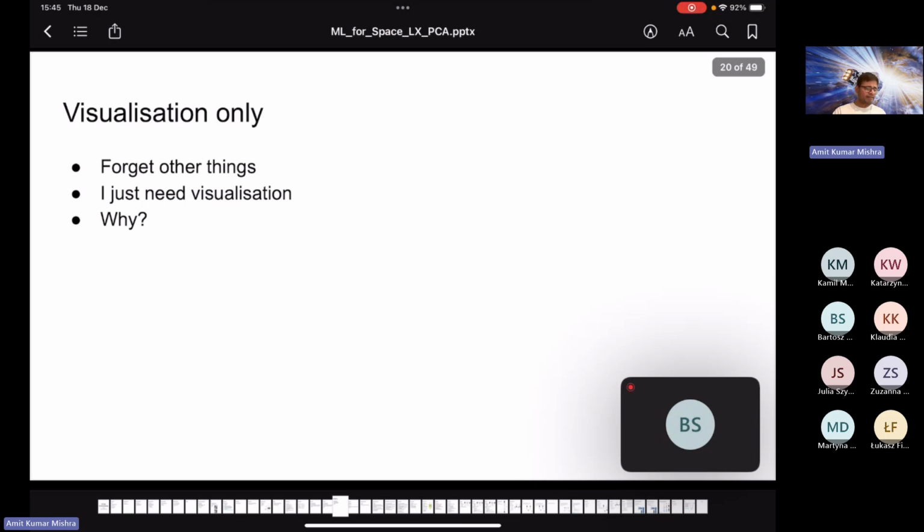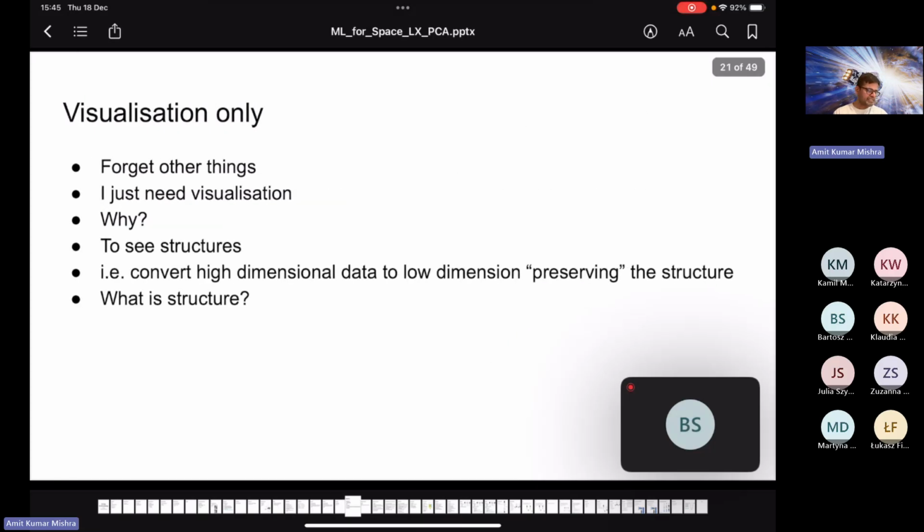But let us say if our goal is only visualization, I just want to visualize. I have got a high dimension big data set. I want to visualize if they follow any kind of structure. So there are a set of algorithms that are used only for visualization. When we say visualization of data, you want to see if the data has got any structure in some dimension or not.